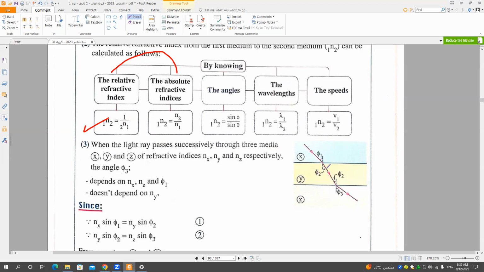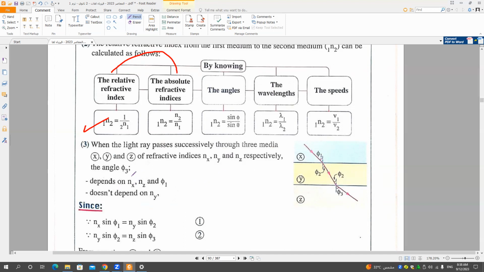So the refractive index of Y is greater than the refractive index of X, because phi 2 is smaller than phi 1, and V2 is smaller than V1, and wavelength 2 is smaller than wavelength 1.